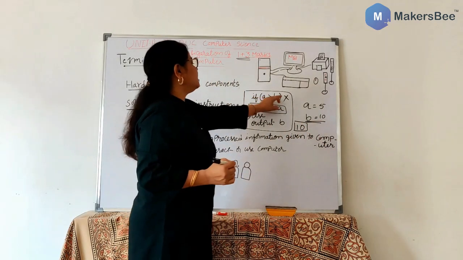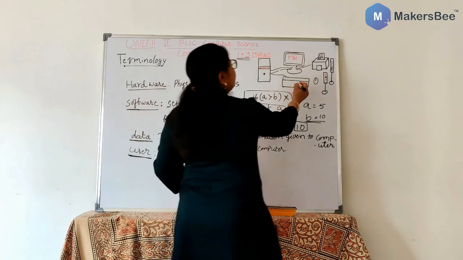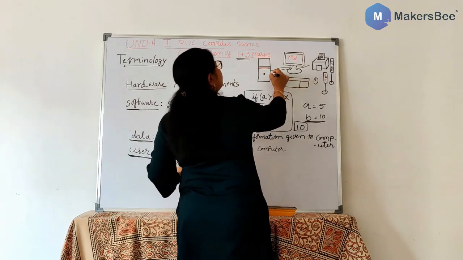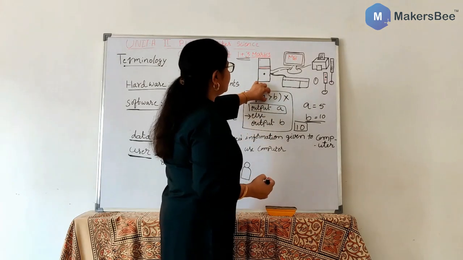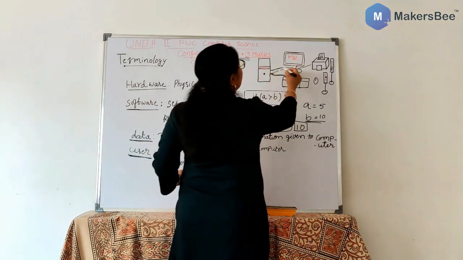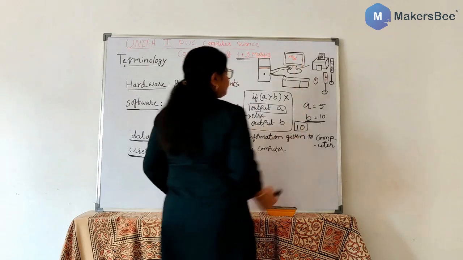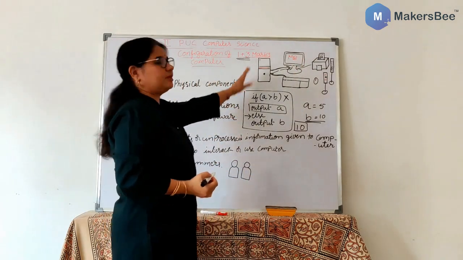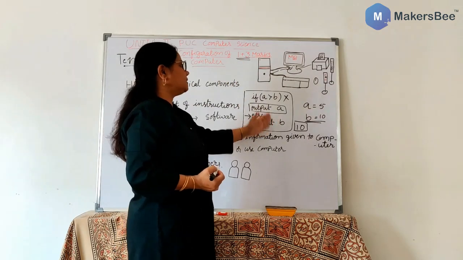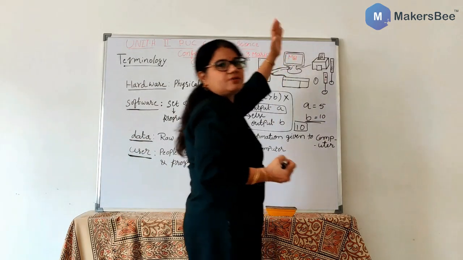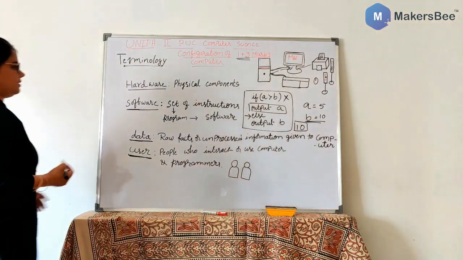Here this data is given from the computer to the processor, and the processor processes this condition and gives the output on the monitor. So computer is an electronic machine which takes such data and instructions and processes it and gives the output on the output devices.